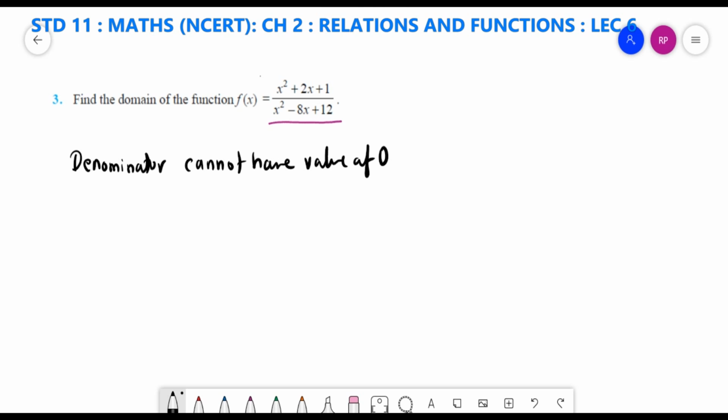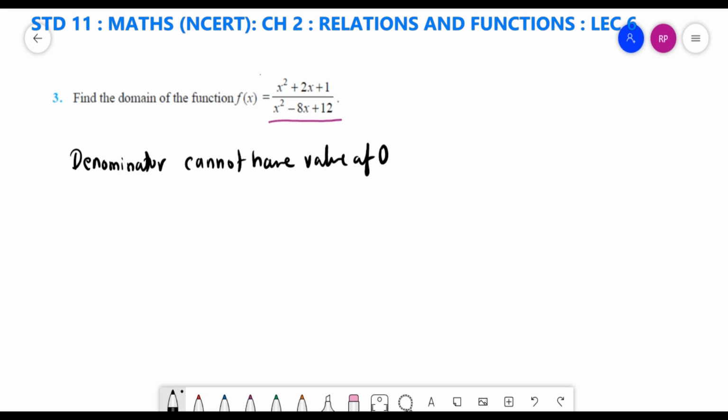So let's find out where the denominator is having the value of 0. Okay, so now see, let's take x square minus 8x plus 12 equal to 0. Now the value of x that I will get, that value I cannot take.